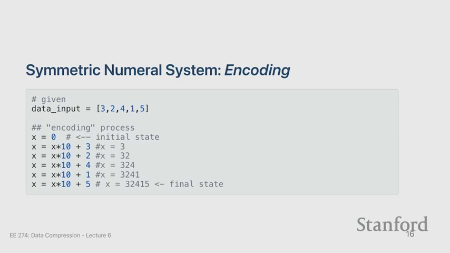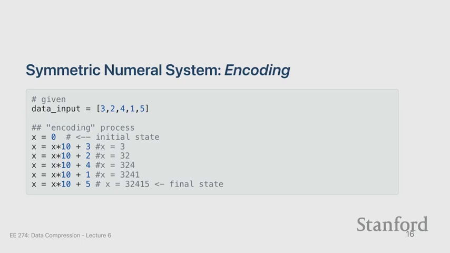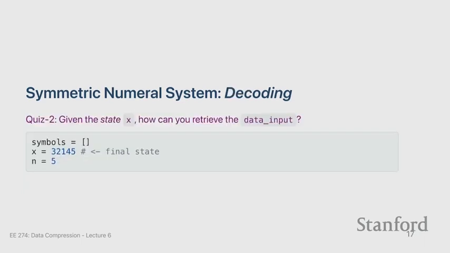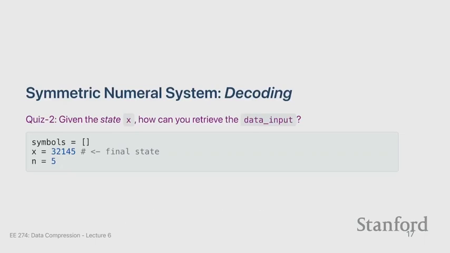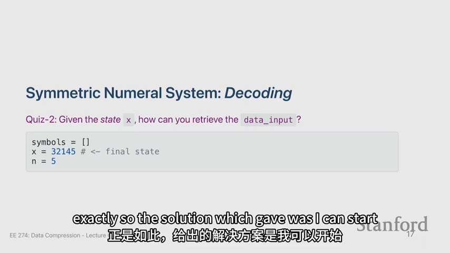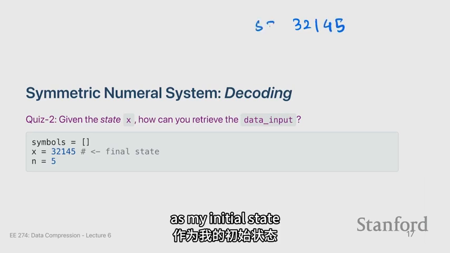Now suppose your friend comes to you and gives you this state and asks you what the symbols were which were encoded. Can you do that? This is exactly the next question. Exactly. So the solution was: I'll start with this 32415 as my initial state.